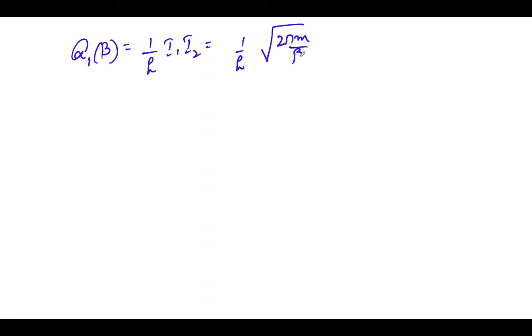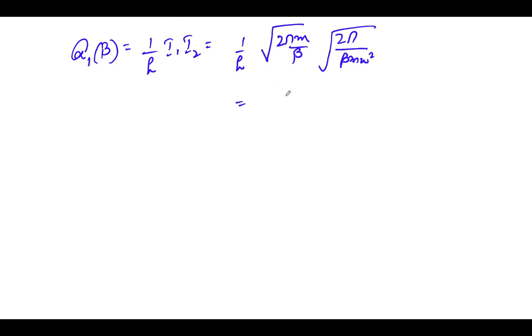So putting the value of this I1 and I2 in our partition function, which is 1 by h into I1 into I2, our equation becomes 1 by h under root of 2 pi m over beta into 2 pi over beta m omega square under root.